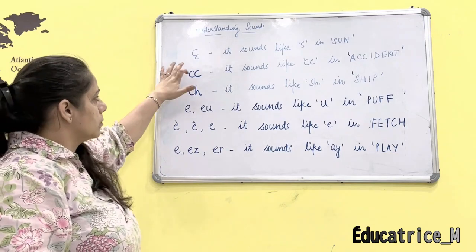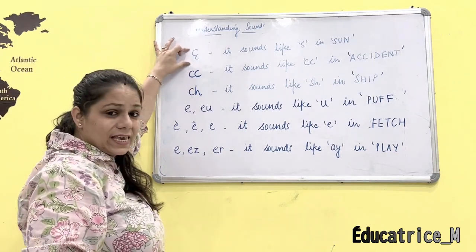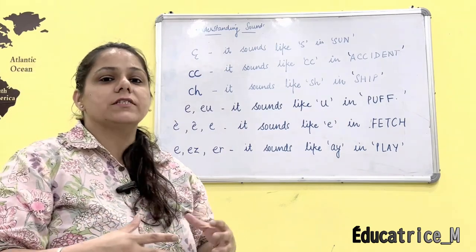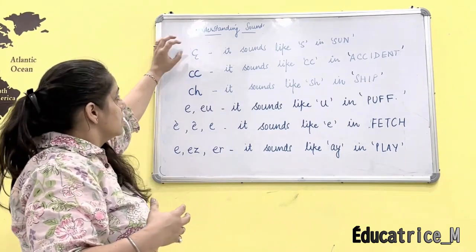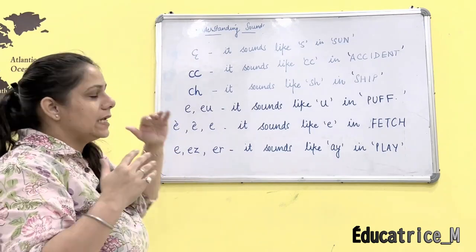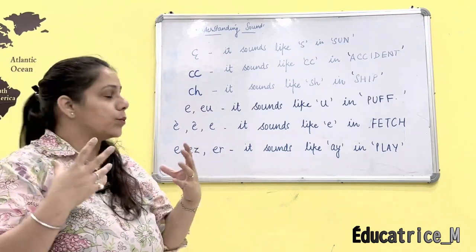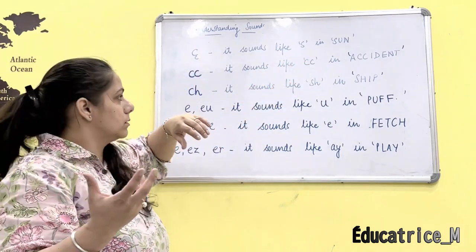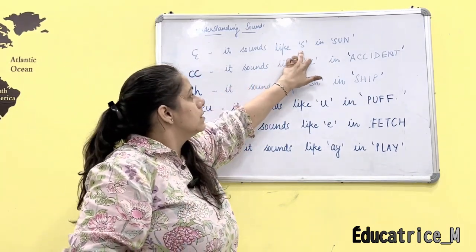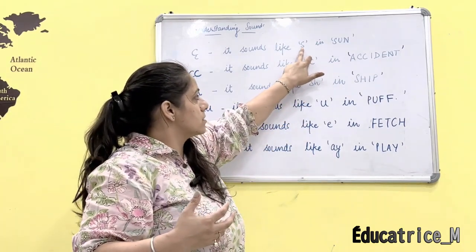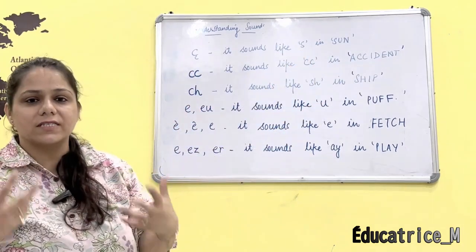After that, talking about the sound of this C, which is the C with cedilla. This C, which appears like a double C, whenever it appears in a word, it sounds the same as the earlier one. It sounds like S in the word sun.